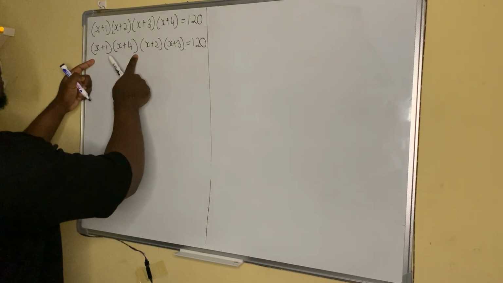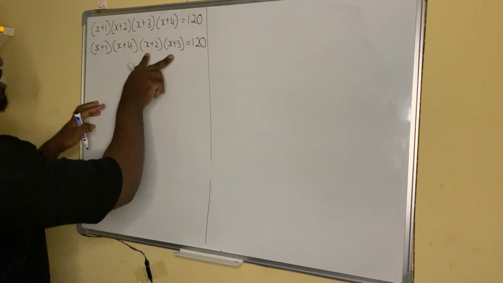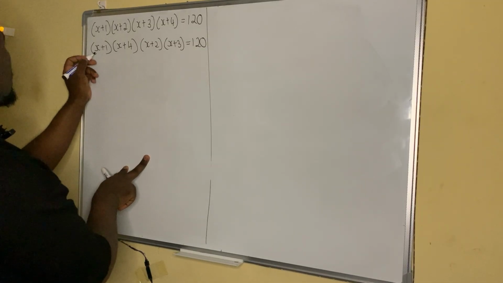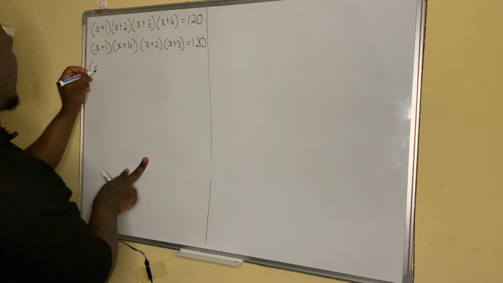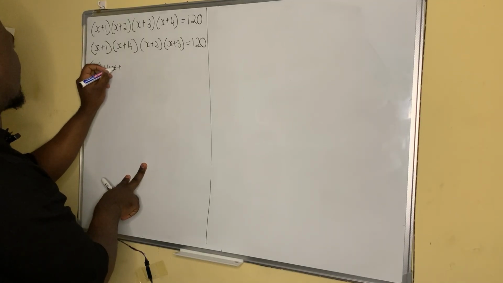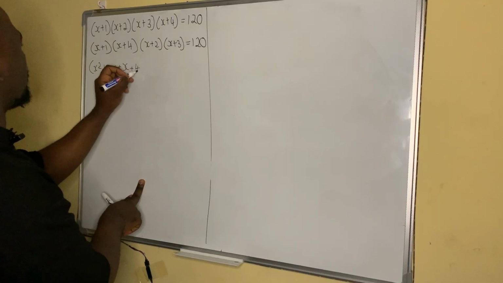Now we're going to do FOIL here on the outer ones and FOIL here on the inner ones. So we're going to say x times x, we get x squared, x times 4 is 4x, plus x, then 1 times 4 is 4.